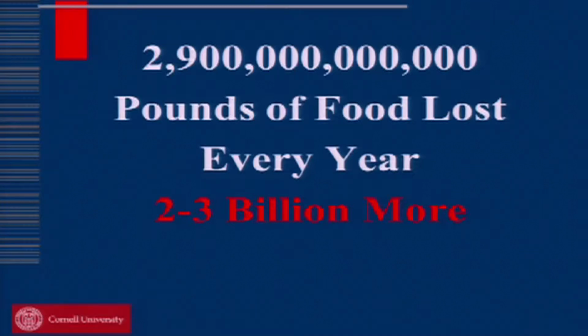That happens to be the number of people that is going to be added to the world population between now and 2050. So if we could recuperate that loss, which of course is mostly of theoretical significance because we can't, but even if we could recuperate some of it, we would be able to feed a lot more people.